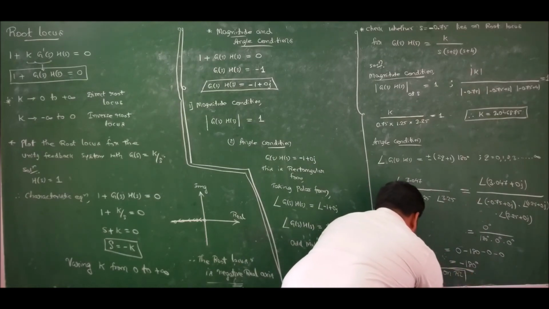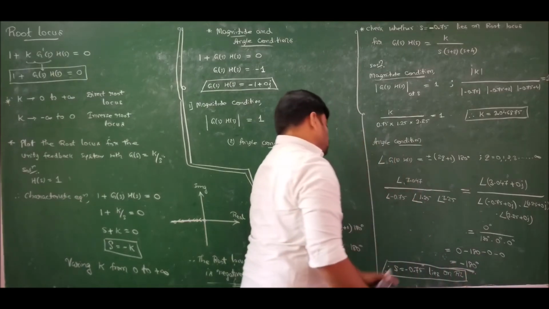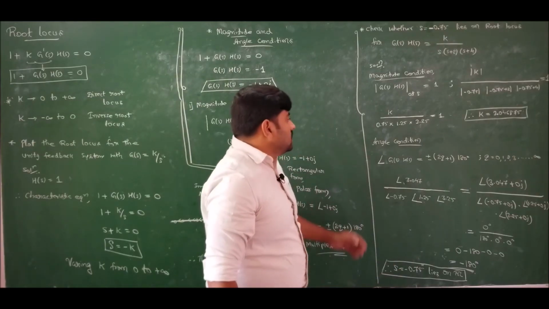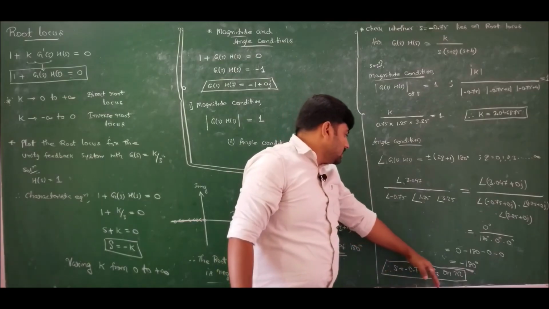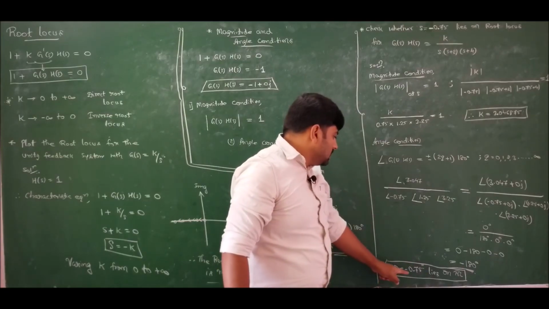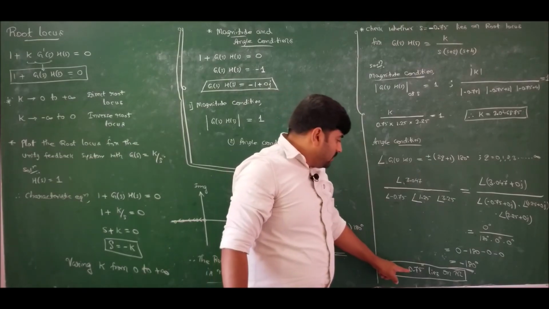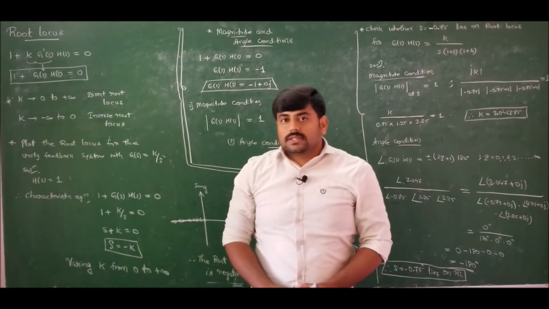This is because it is satisfying the angle condition. Using the magnitude condition I got the unknown K. Using the angle condition I verified that it is lying on the root locus. Hence this is one of the poles, which means it is a root of the characteristic equation.